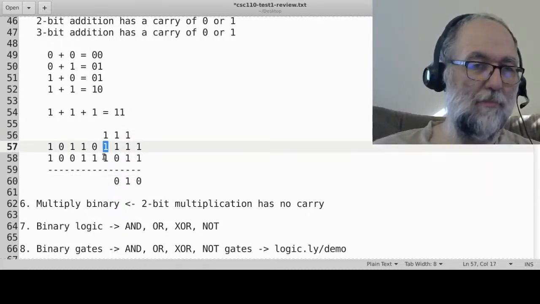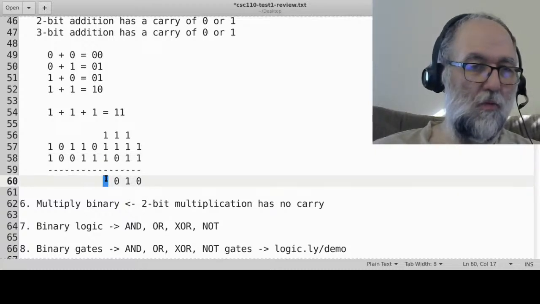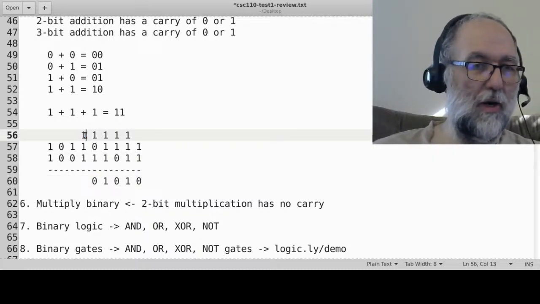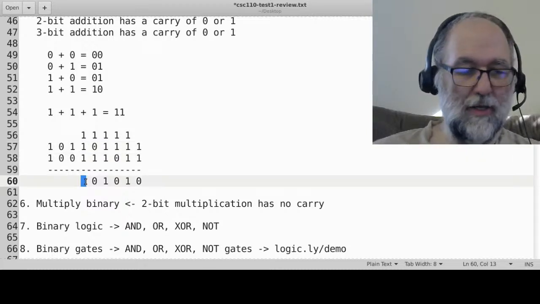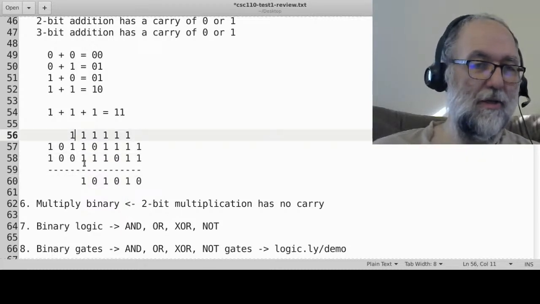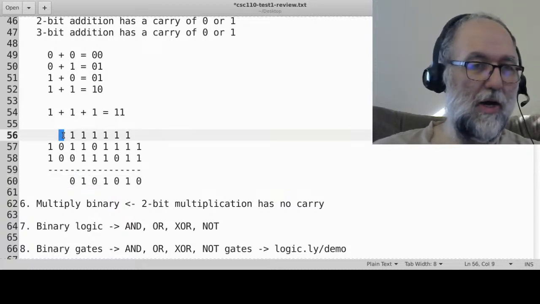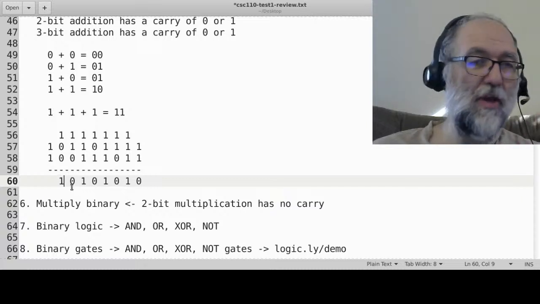Now you've got 1 plus 1 plus 1, which is 1 carry 1. Now 1 plus 1 is 0 carry 1. And now 1 plus 1 plus 1 is 1 carry 1. 1 plus 1 is 0 carry 1. And then 1 plus 0 is just 1 with no carry.